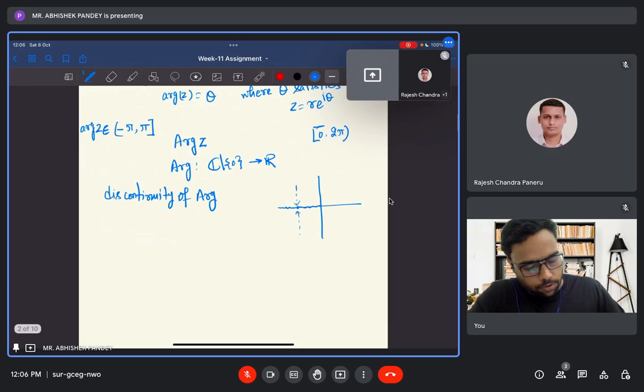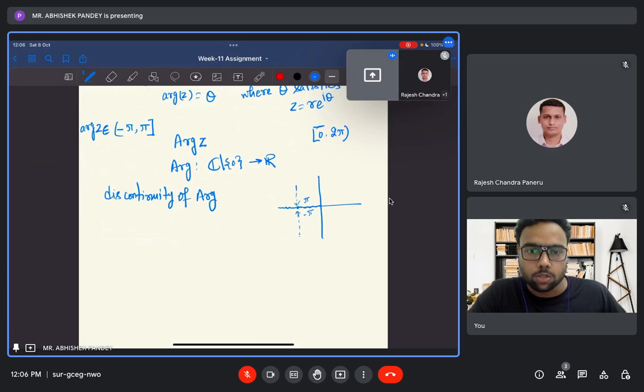Once you take this sequence, the argument will converge to pi, and from the other side the argument converges to minus pi.